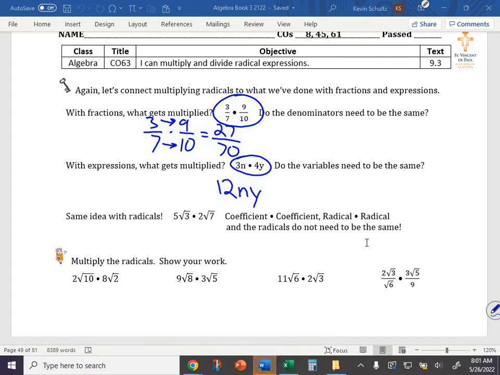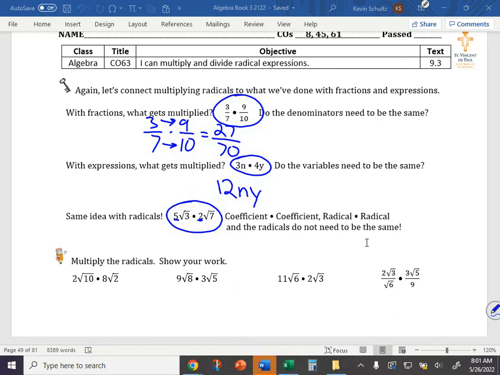Okay? Roots are very similar. If you've got a radical expression such as 5 root 3 times 2 root 7, the radicals do not need to be the same like they were for addition or subtraction. And what gets multiplied? The coefficient and the coefficient, just like the numerator and the numerator.